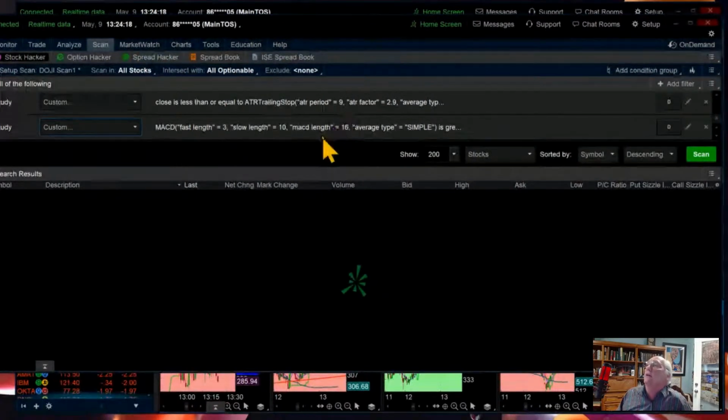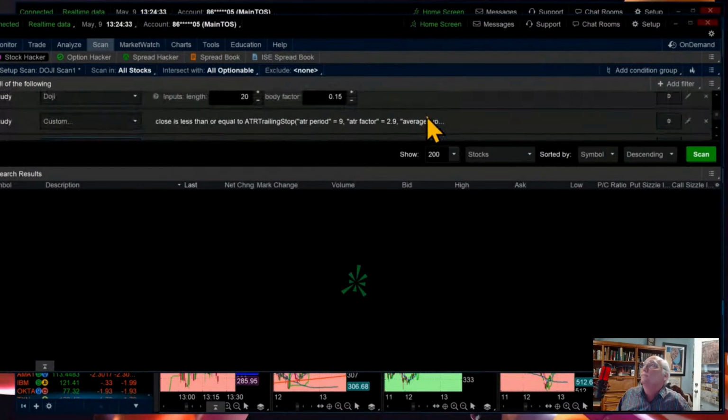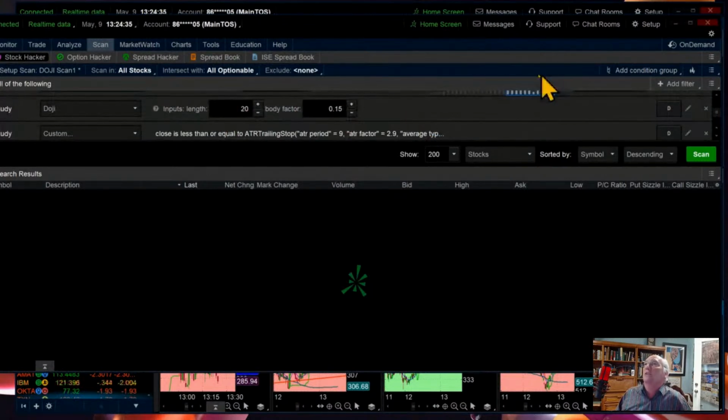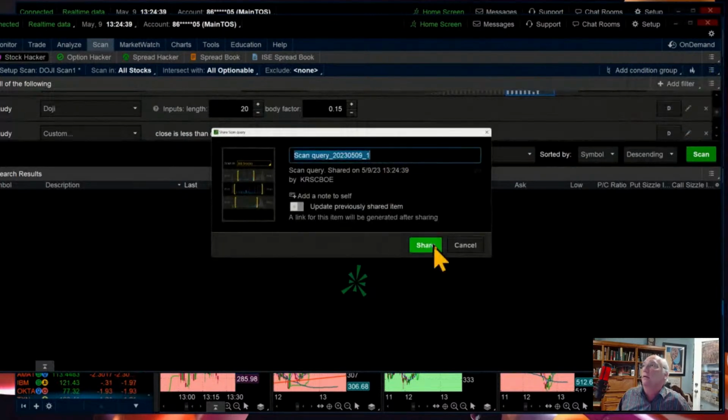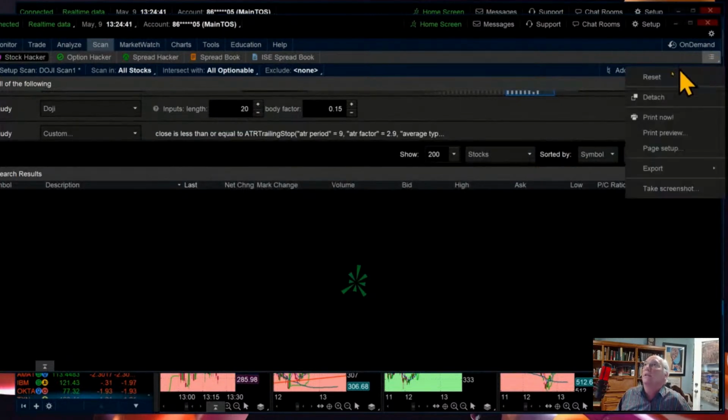Now you have where this is overbought. Now that overbought can stay overbought, but then you're looking for reversal patterns. So now you have, in a downtrend, theoretically, overbought with a doji. That's pretty cool. So let me share this with you that we just did right here. So let me save it.